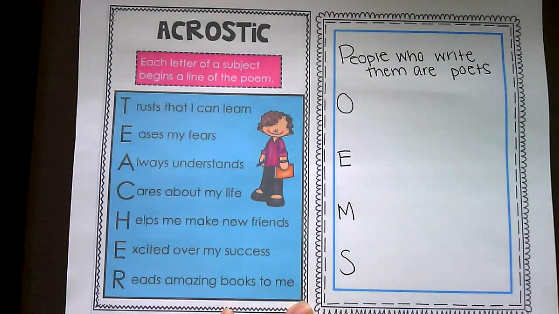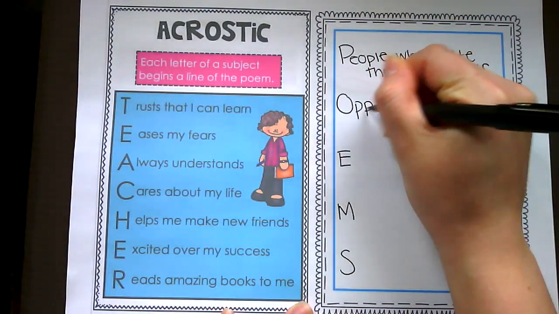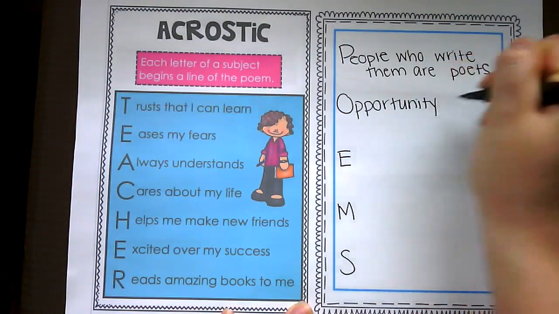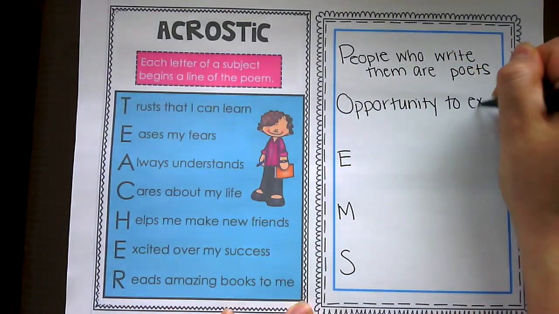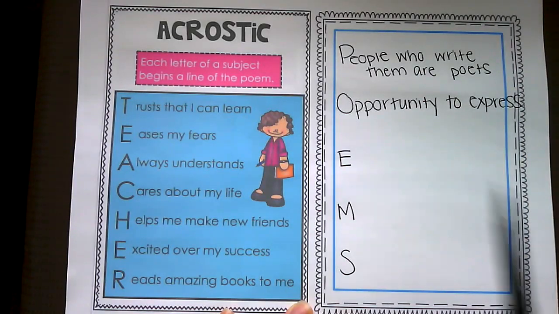So, O. Let's see. An O line for poems. I'm going to say opportunity to express. Oh, and look at that, I was almost successful keeping it on one line.